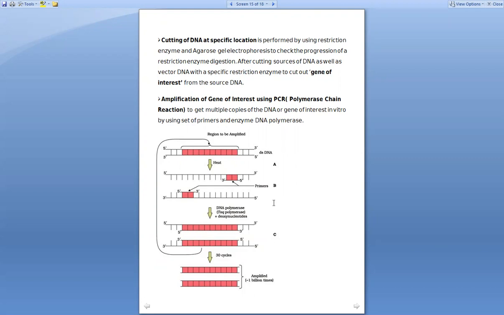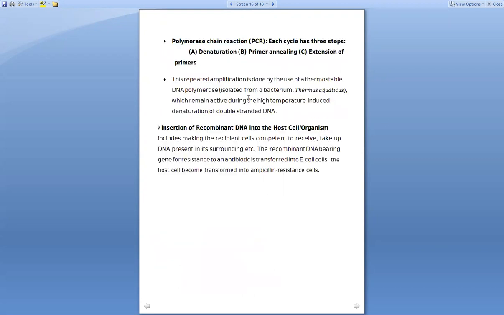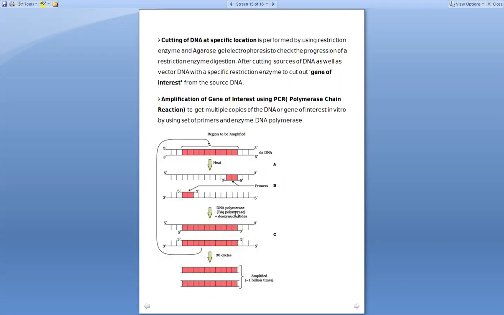The name of the organism is Thermus aquaticus. From this organism the polymerase is isolated, and for this reason its name is Taq polymerase. Once the primers are bound to it, this process is known as the annealing process.